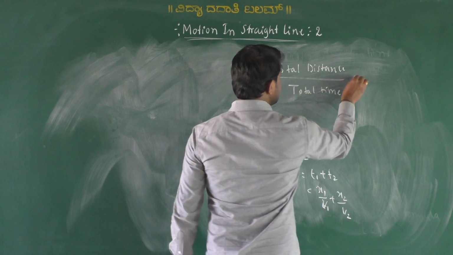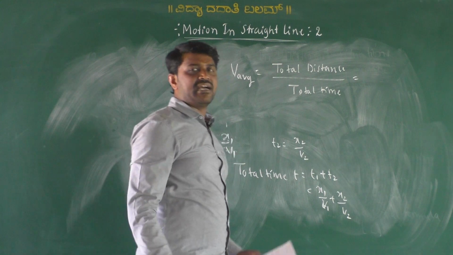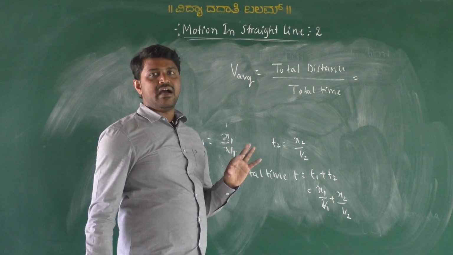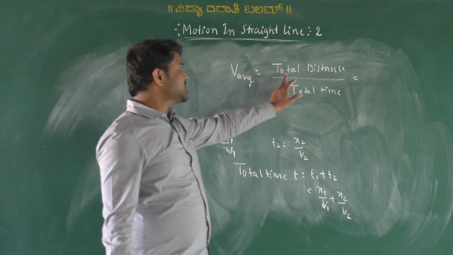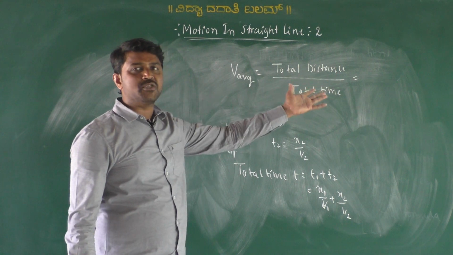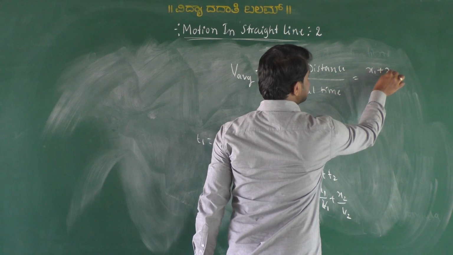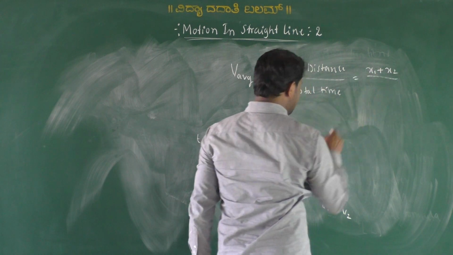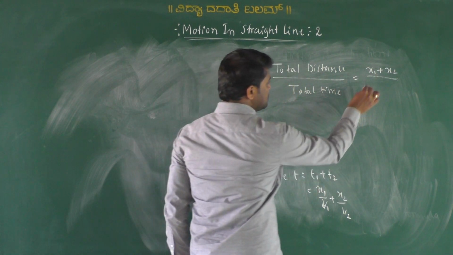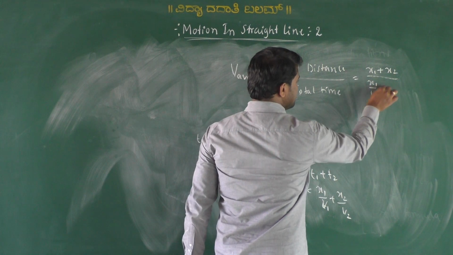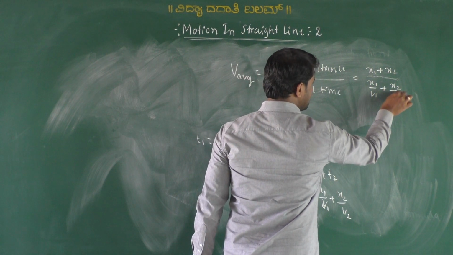So listen here, the total distance is nothing but the addition of x1 and x2, initial and final position, na kudustene andre it becomes x1 plus x2 agutte. Then total time is t here, t andre maribodu nanu x1 by v1 plus x2 by v2 maribodu.